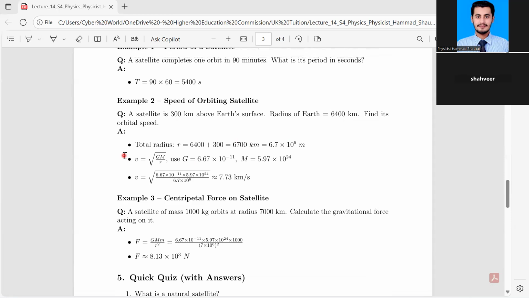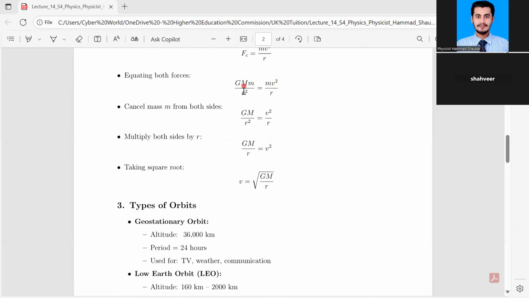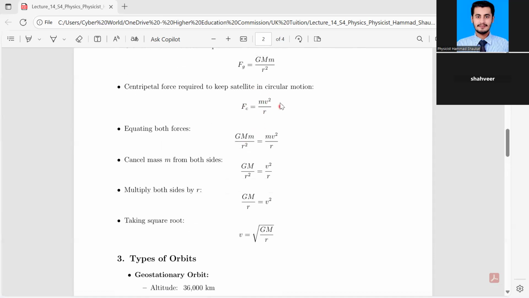Here you can see what we derived is we will be left with only capital M. The small m cancels.